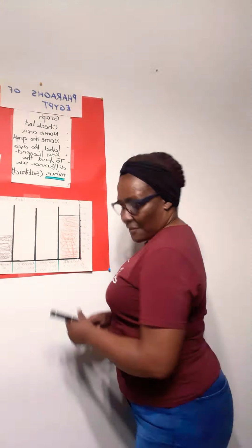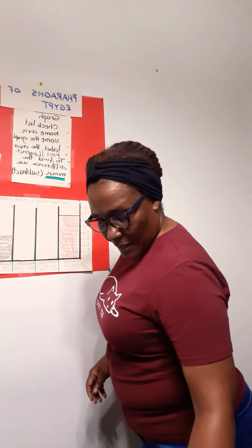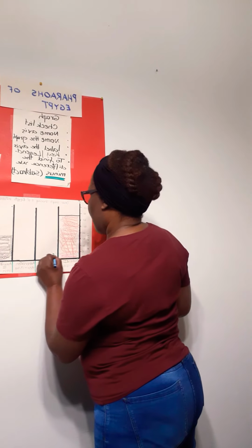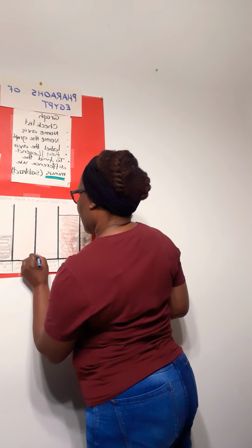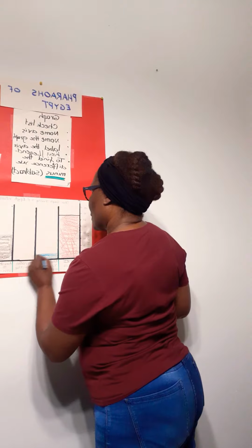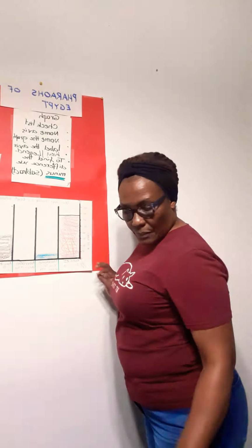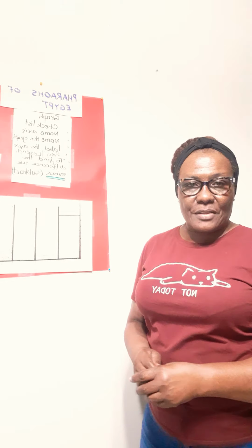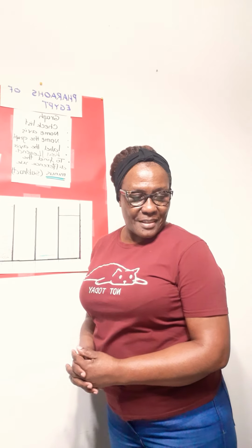So let's see if we can find our 9, and we're going to put it in. Are we finished with that one so we can move on? All right, let's move on.